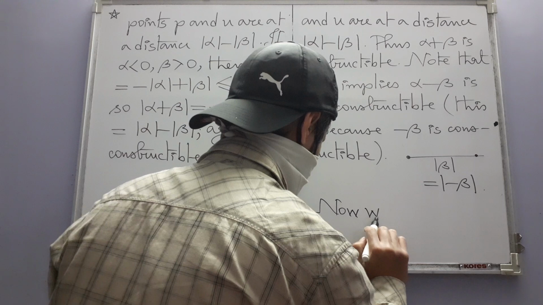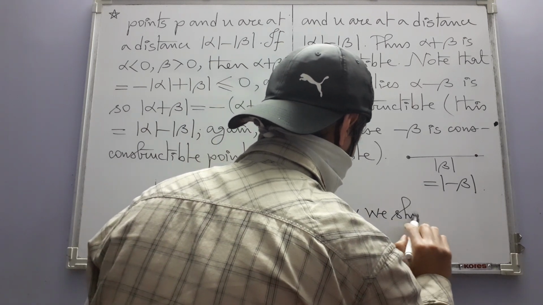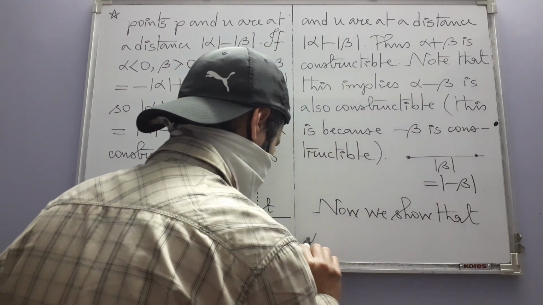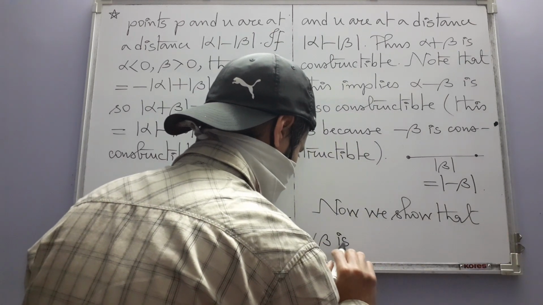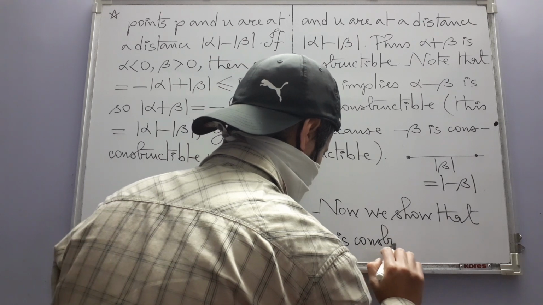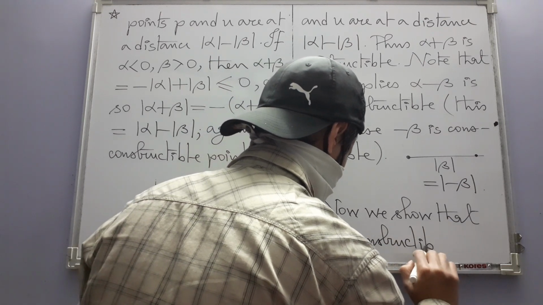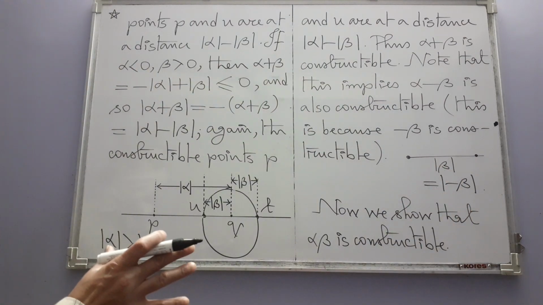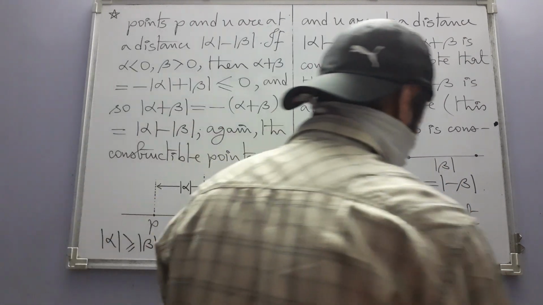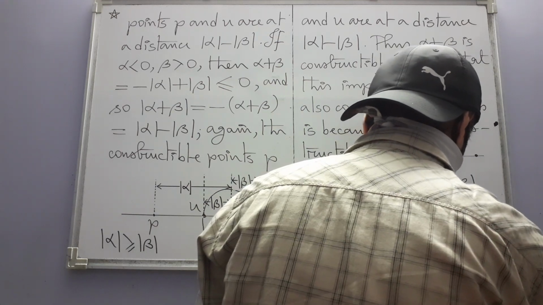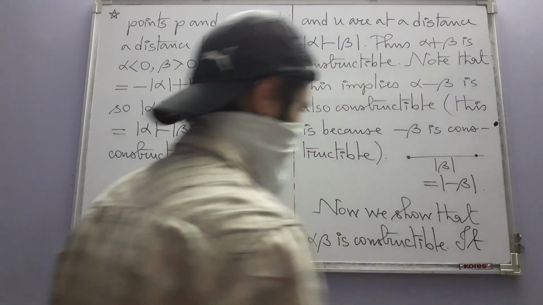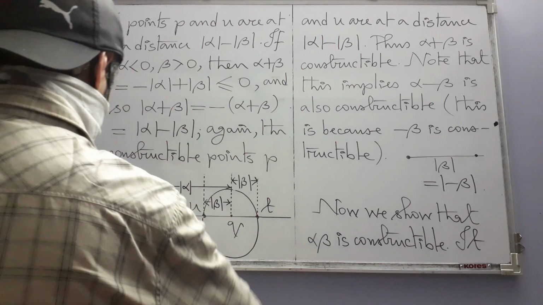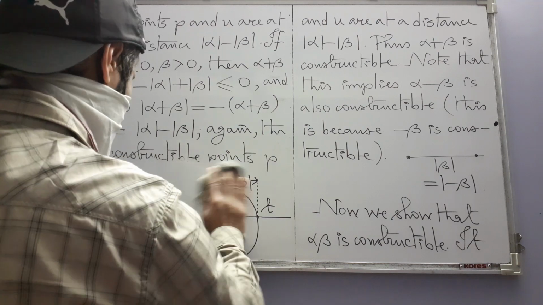Now we show that alpha beta is constructible. And here also there are some trivial cases, so let's deal with them first. Now we will not need this figure, but we will need another one.